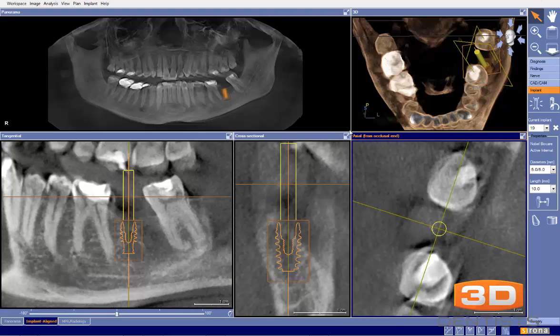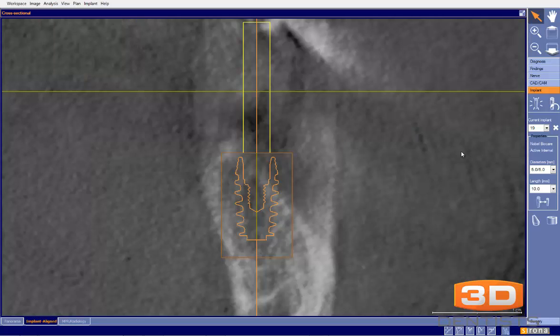In looking at our cross-section view here, though, what we can see is the outline of the bone in comparison to our implant. So what we can see is that we have this much of the implant thread exposed.